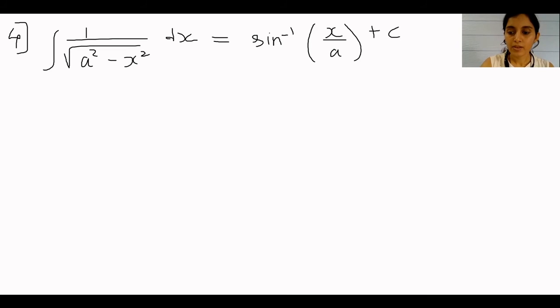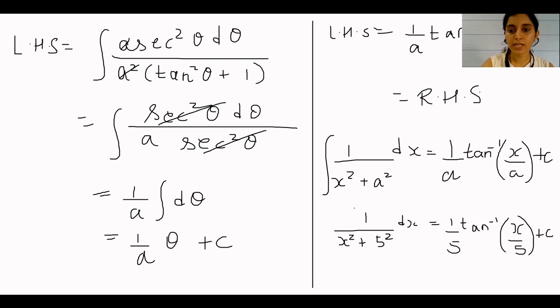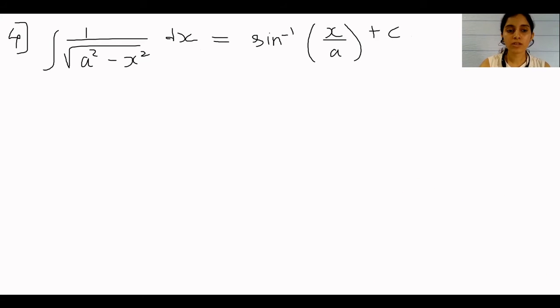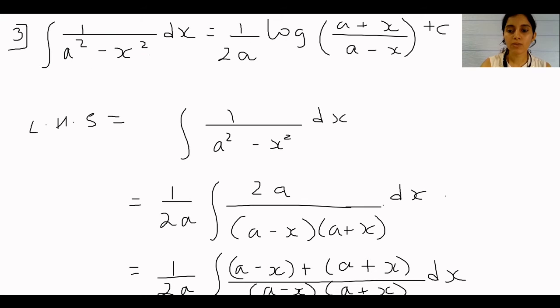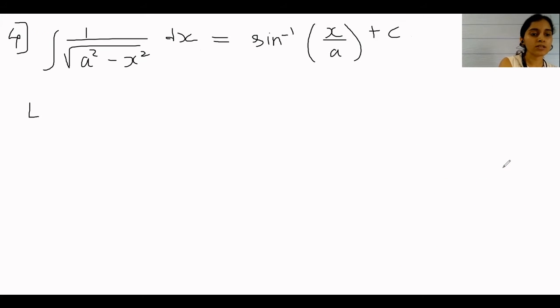In the red column that we have made, we have the root sign here for the fourth one. So what is the substitution that we are going to use? Let's go back to our red column and check. We have a square minus x square, so we are going to use x equal to a sine theta for our LHS.